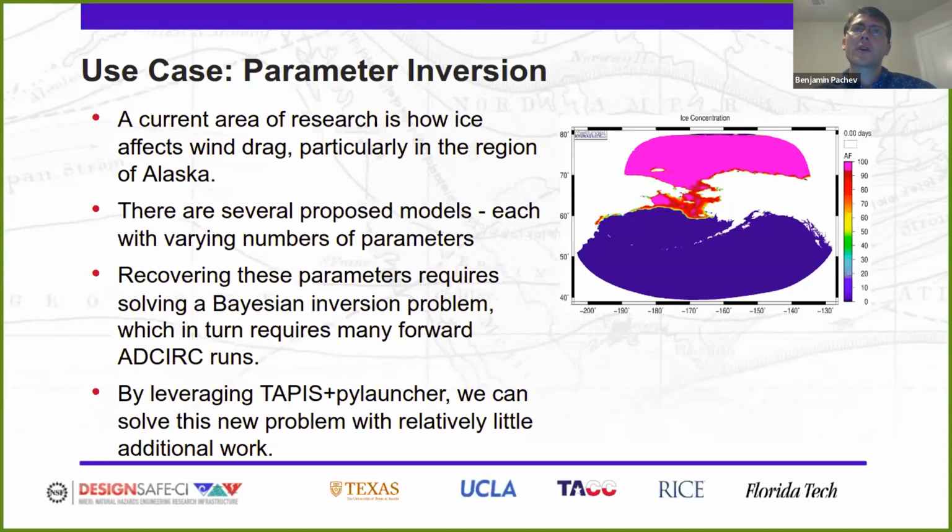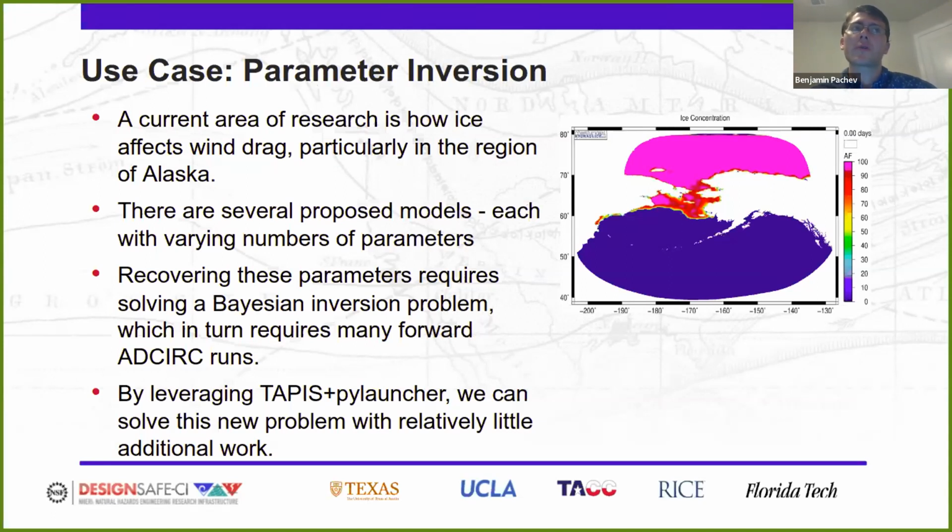And so this is just a standard Bayesian inversion problem to try and figure out what parameters would be optimal for each of these models and be consistent with the data, and also which models best match the data. To make a long story short, all of this requires running a lot of these forward simulations.